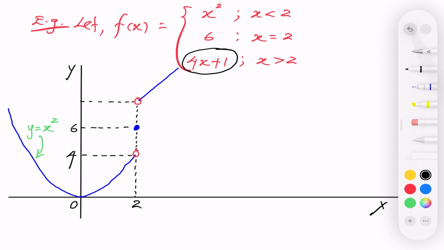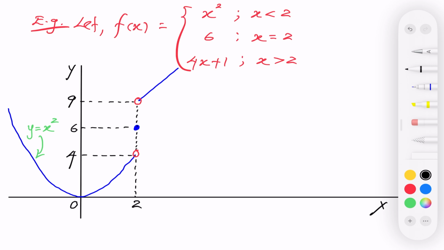Since any such very close value to 2, still greater than 2, can be approximately considered to be equal to 2, I will just substitute 2 in this equation, 4x plus 1. When I do that, it's 4 times 2, which is 8, plus 1 is equal to 9. Therefore, this value right here should be equal to 9.